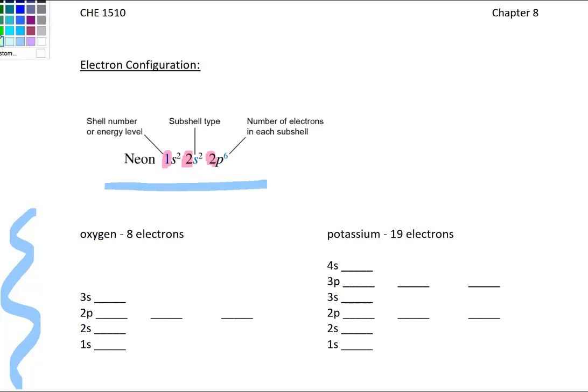Then the letter designation is going to be the subshell type, which is the type of orbital. And then this numerical value that is written as a superscript is telling you the number of electrons in that subshell. So all of these components come together to tell you how the electrons are arranged for that atom.